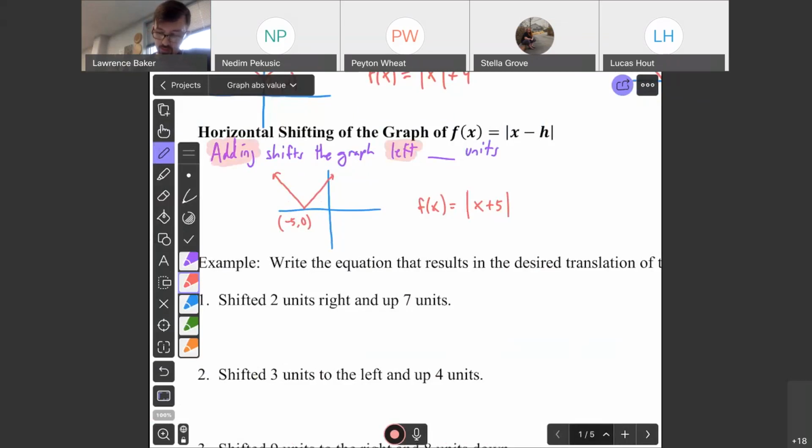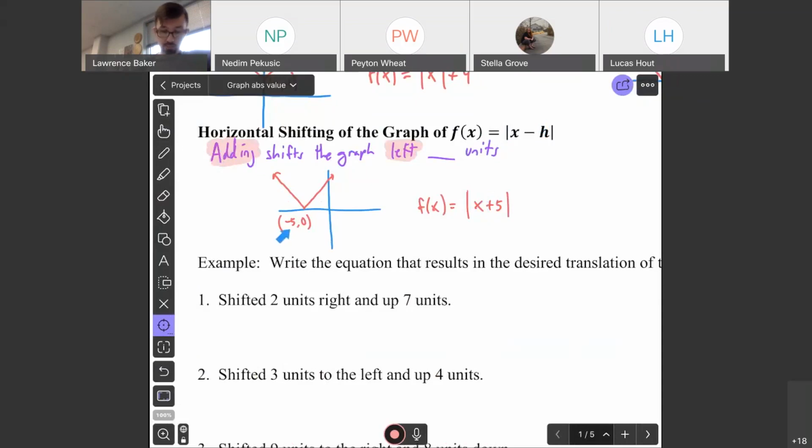And why that happens is because the h value is negative 5. When we say x minus negative 5, minus a negative acts like a plus. So it just looks like it's adding, but in fact we're subtracting a negative, and that's why it shifts to the left.